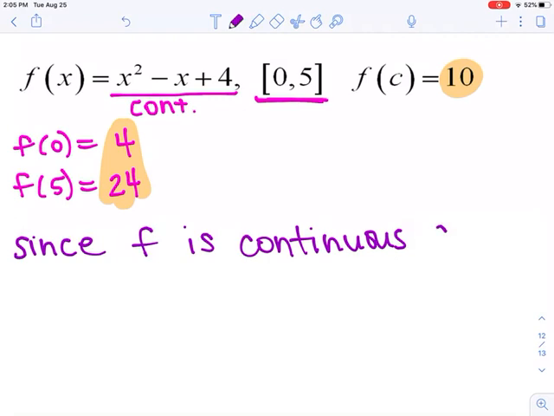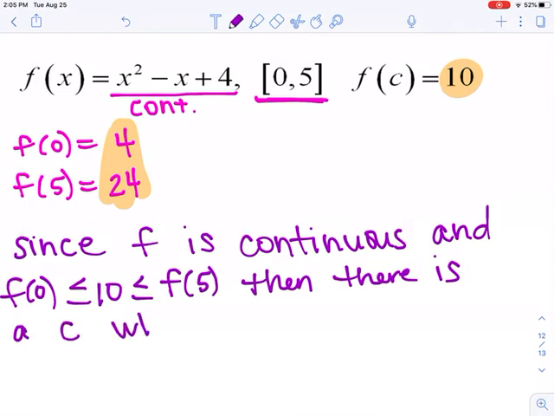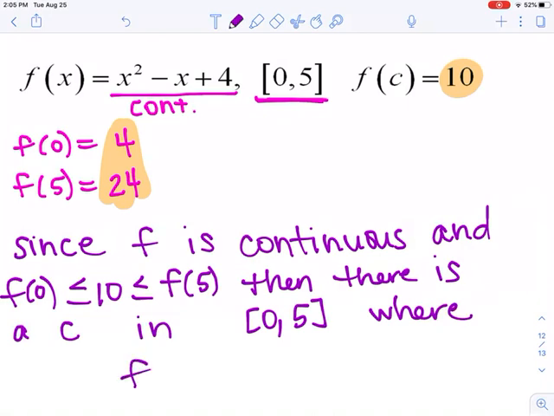Okay, so since f is continuous, and we know that 10 is in between 4 and 24, then we know there is an x value in our interval where f of c equals 10.